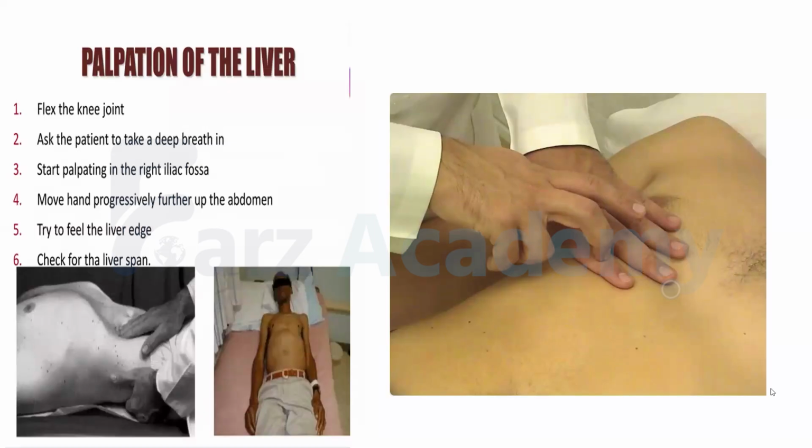I appreciate a lot if the index border of your hand is placed parallel with the contour of the thoracic cage. You should try to feel the liver edge, and check for the liver span by percussing from the top. As you can see on the right hand side of your screens, there's a percussion to find out the dullness and ascertain the liver span.